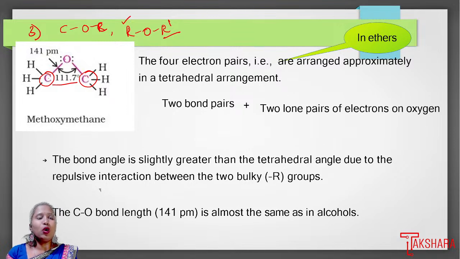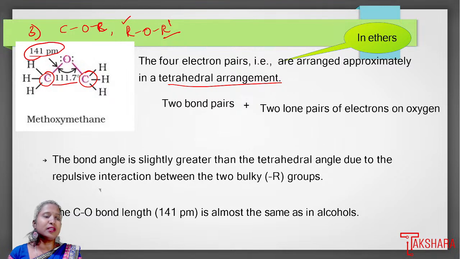The C-O bond length will be 141 picometer. In this, the 4 electron pairs are arranged approximately in a tetrahedral arrangement. Which are the 4 electron pairs? This is 1 electron pair, this is 2, and since bond formation has happened, this is another one and this is one more.